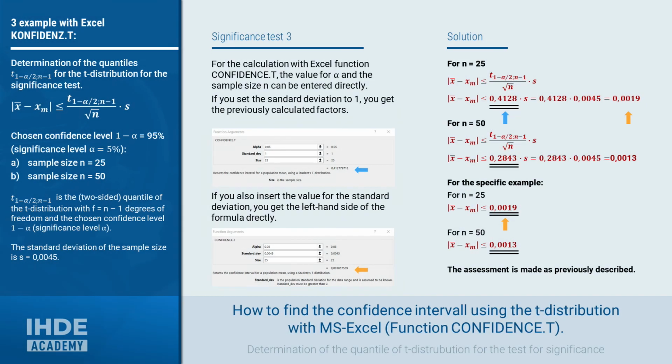You can avoid this intermediate step by not using the standardized standard deviation of 1, but the actual one from the sample. This gives you the underlined and already known values of 0.0019 and 0.0013. The assessment is carried out in the same way as previously described.